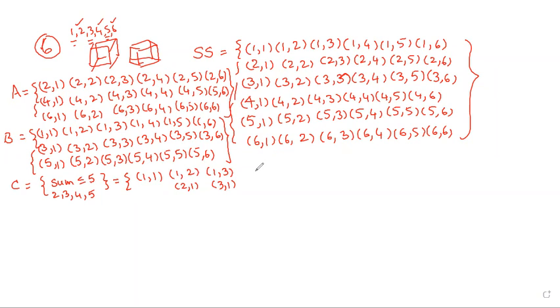Next, so (1,1), (1,2), (1,3) completed. (1,4), reverse is (4,1). Okay? 1 is completed.